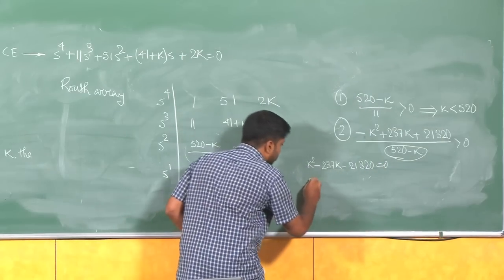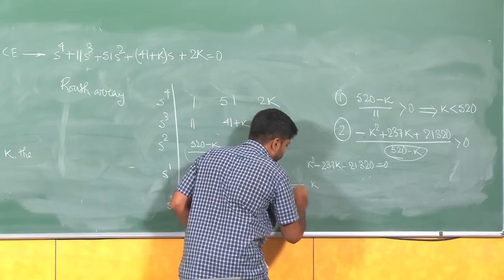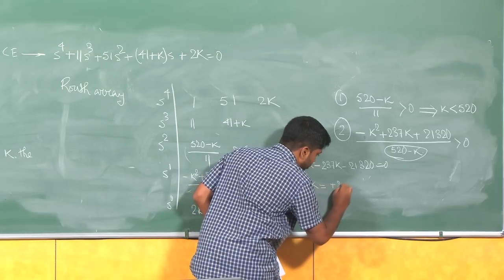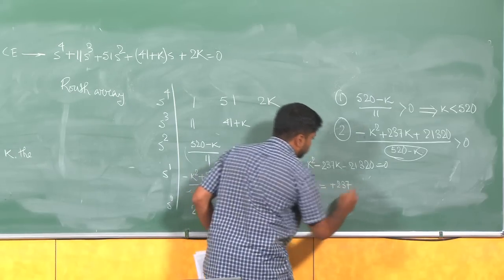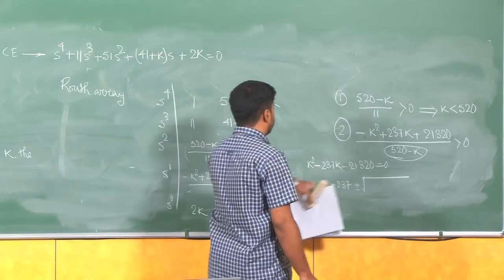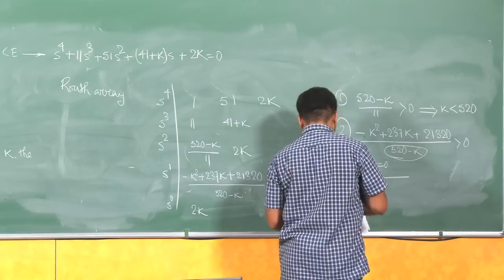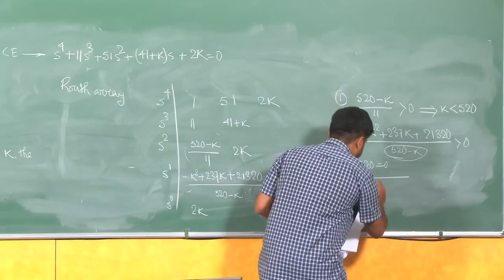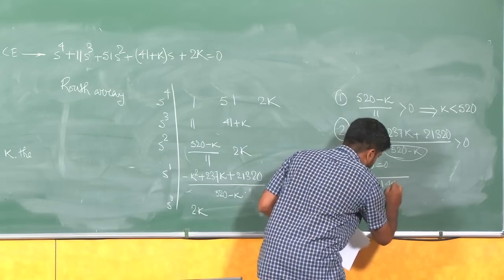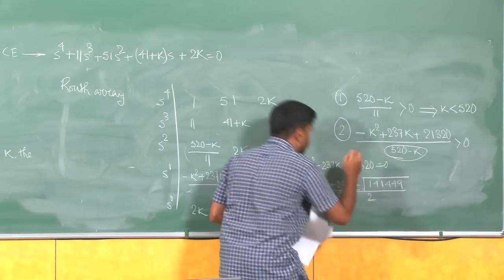The roots of this equation are (237 plus minus root over 141,449) divided by 2.